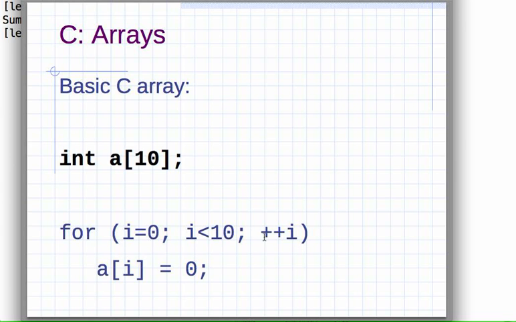Okay, so either one, i plus plus or plus plus i. Only tiny difference is this is a tiny bit more efficient, and we'll talk about why that's more efficient later. Okay, so then this statement, this is the loop body, sets the elements of A to 0.